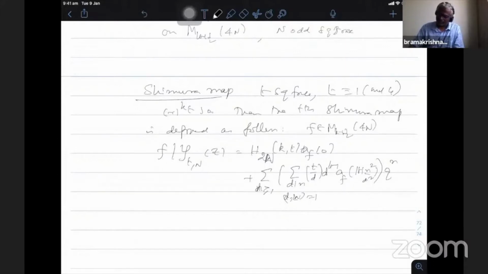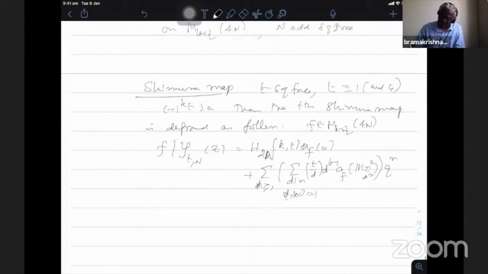Therefore, this is the constant term for the image of the Shimura map, where H_m(k,t) is defined, for square free m.